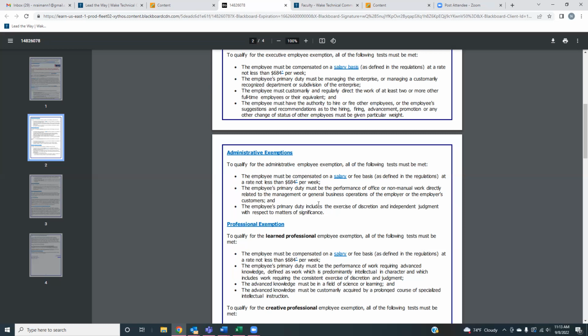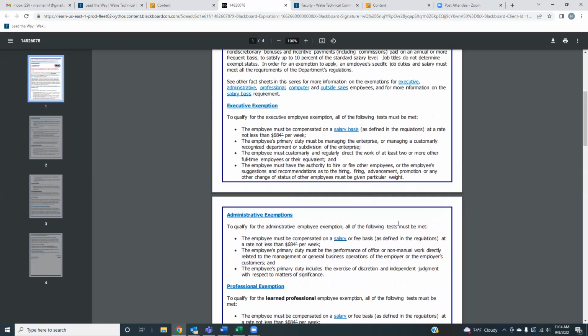My primary responsibility had to be non-manual work related to management or other business operations. And while I did not have employees that reported directly to me, I did get to use independent judgment. I used discretion. I made decisions in a matter of significance. And so that job fell under administrative.